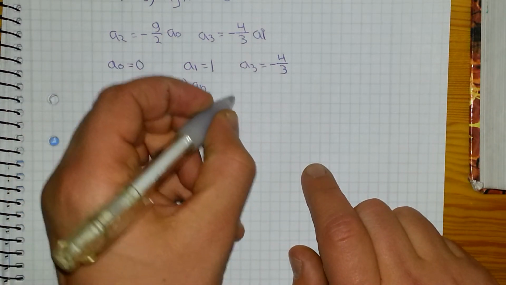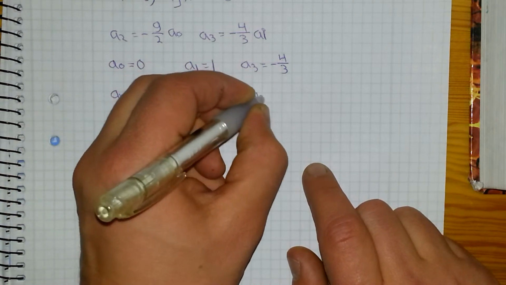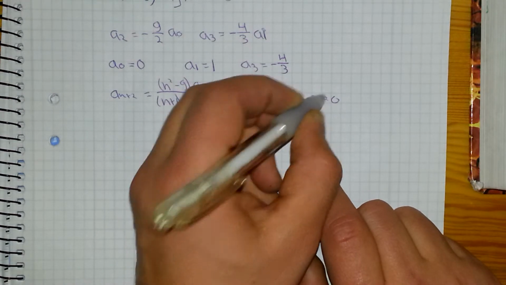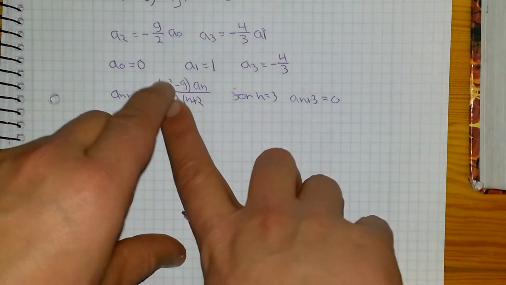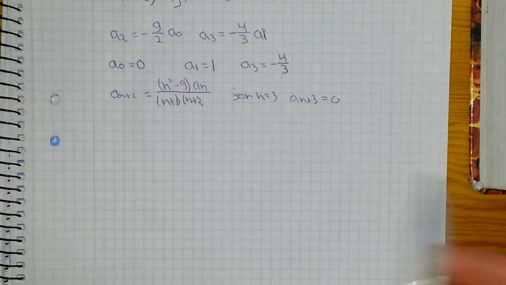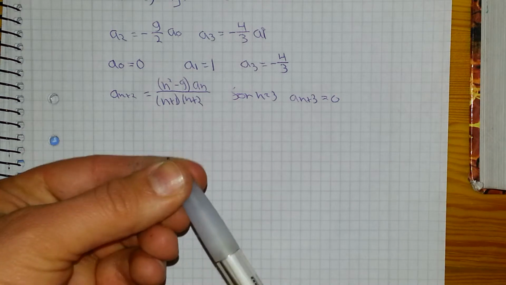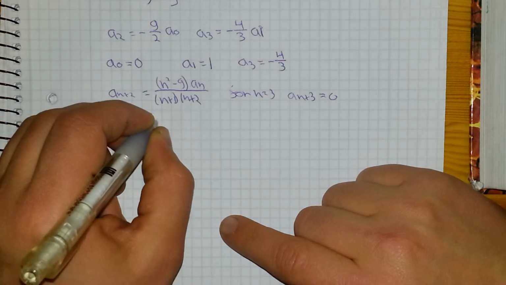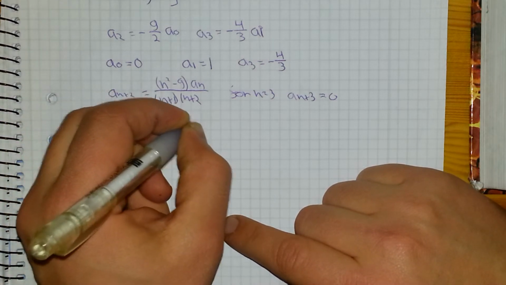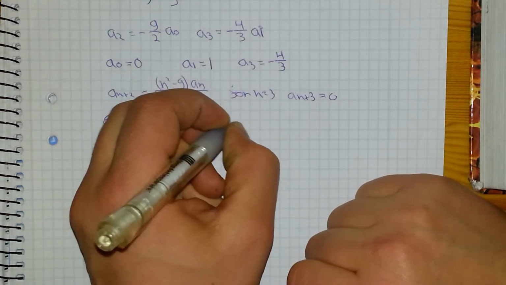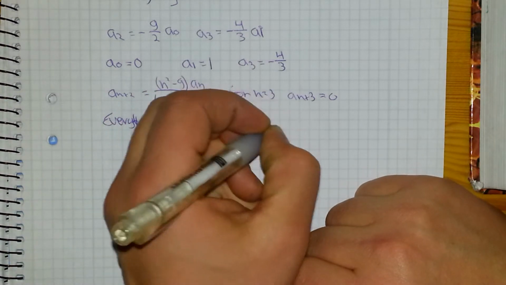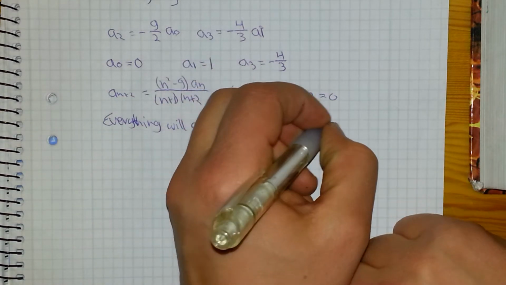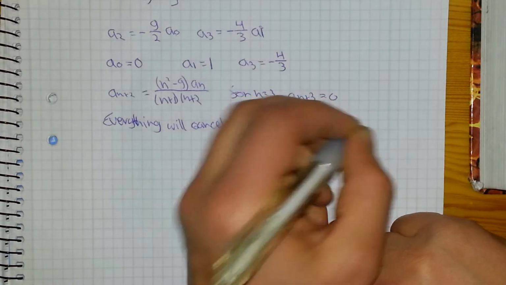For n equals 3, a(n+2) is equal to 0, because 3 squared minus 9 is 0, and 0 times anything is 0, so basically everything will cancel, except a1 equals 1 and a3 is equal to negative 4/3.